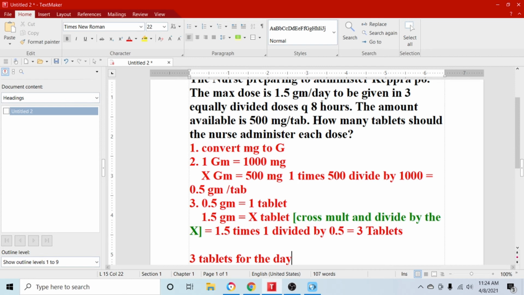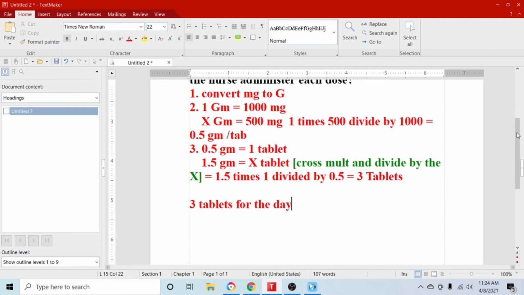Every 8 hours in 3 divided doses. Now we're supposed to give 3 tablets for the day, so we have to take 3 and divide that by 3. 3 divided by 3 is the obvious answer, 1, but I just wanted to do the math. So you can work it this way with every single calculation you have. So 1 tablet per dose is the answer.